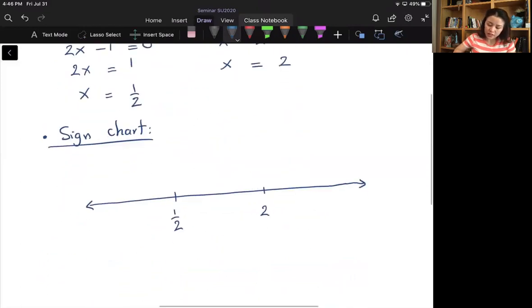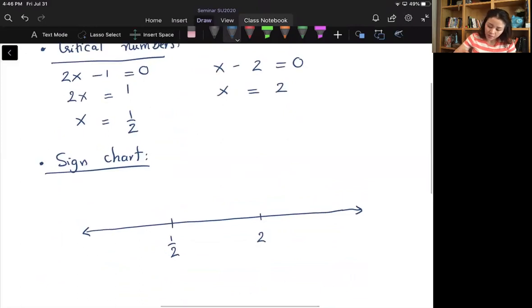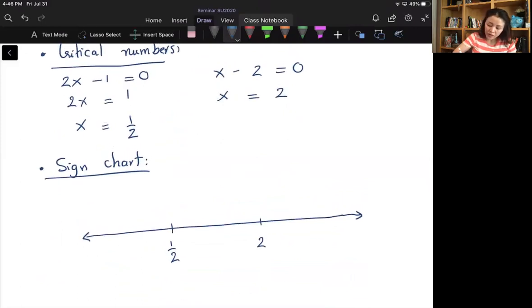At x equals 1/2, we know this expression is equal to 0, and the same at x equals 2, the quadratic also equals 0. But we don't know what's going on in the in-between regions.